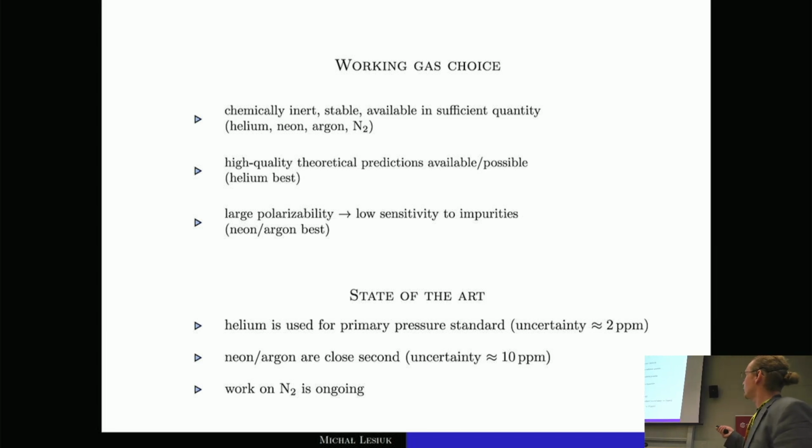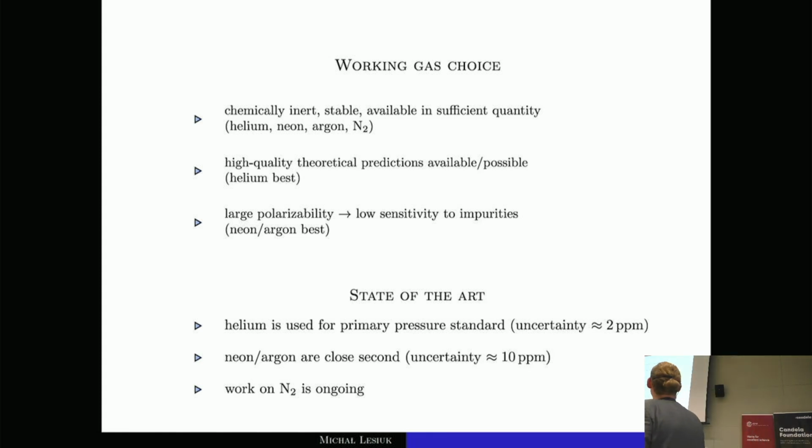The third requirement would be that the working gas has large polarizability, because then your sensitivity to impurities is low, and that's why argon or neon are much better than helium. Helium is very difficult to polarize. Neon and argon are better, and N2 is even better.